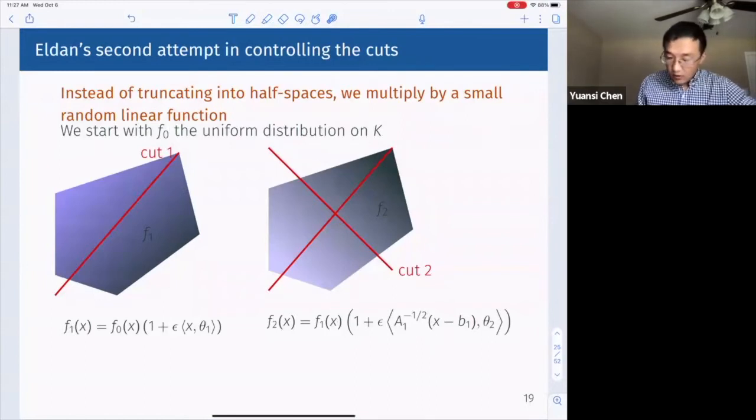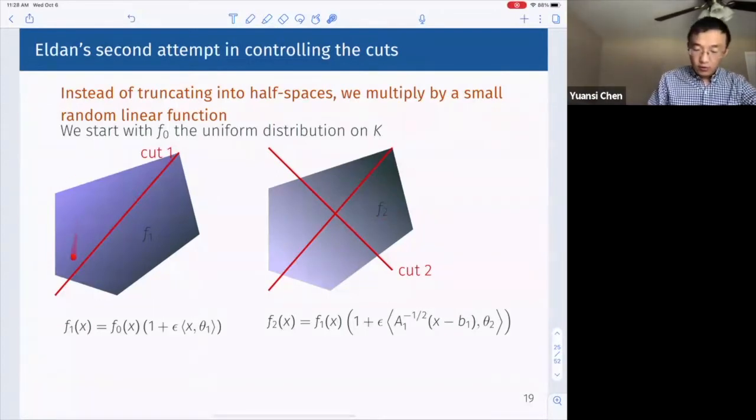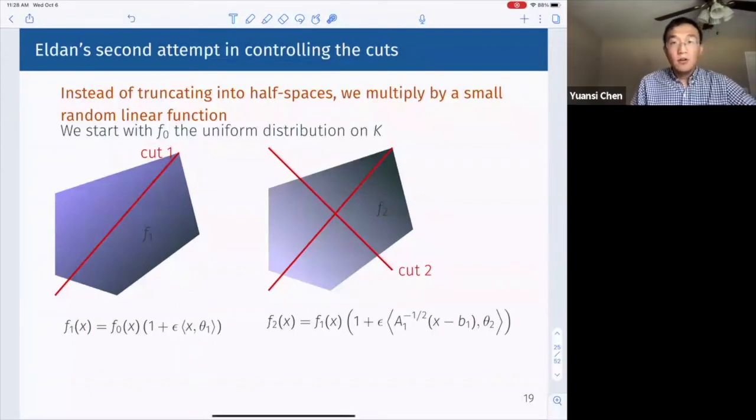Then you continue with the second cut, and on this side the density increases further, and on this side it decreases. This is a way to transform your original uniform distribution into something different. This is basically his idea.